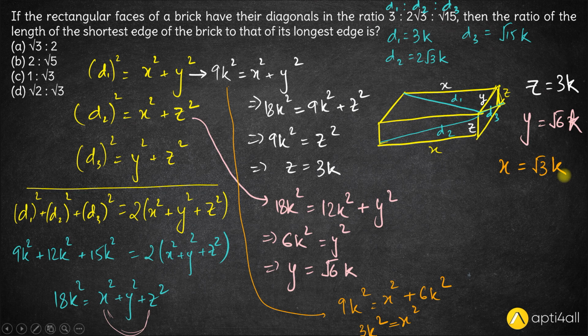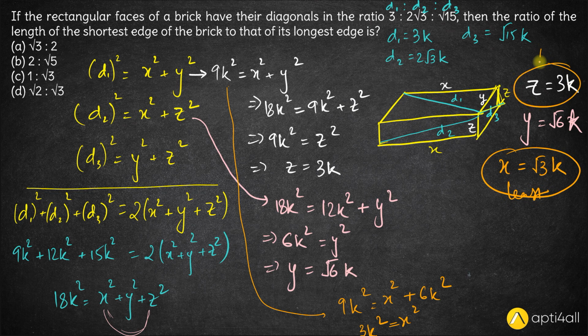Fine. So from here you can see that out of these three, x is the least and z is the highest. If you compare the coefficients 3, root 6 and root 3, root 3 is the least coefficient and 3 is the highest coefficient. So the required answer, we have to find the ratio of the shortest edge to the longest edge.